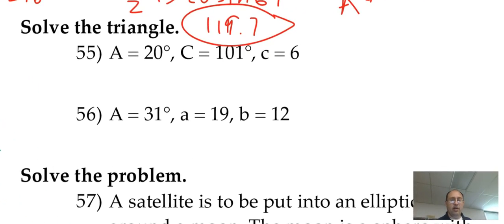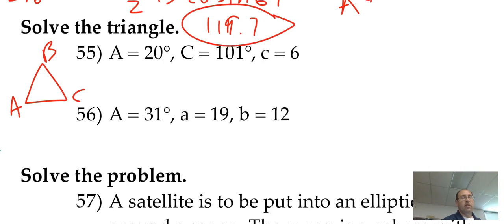Okay, solve the triangle. Okay, so they want me to find all of the information. Okay, so we've got A, we've got B, we got C. We got an angle of 20. C is 101.